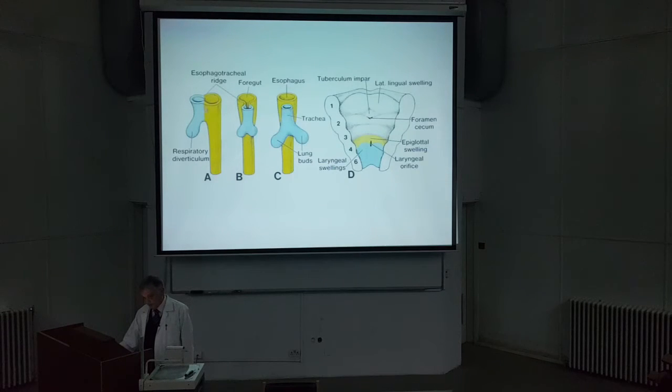Now here is the separation of the beginning of the respiratory system. The esophagus, the yellow structure, is going to give a bud, which is going to form the trachea, and then this bud is canalized, and then the connection should disappear, and they become two separate systems.